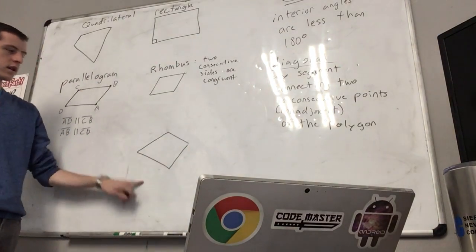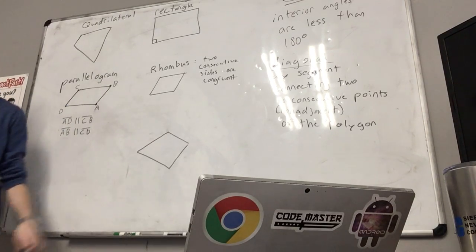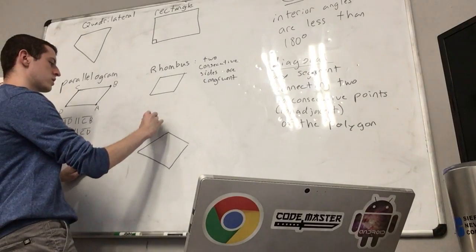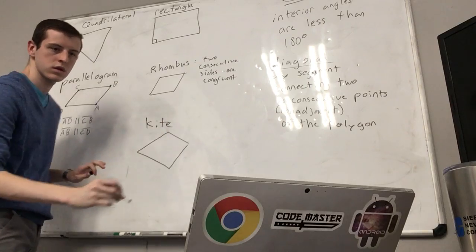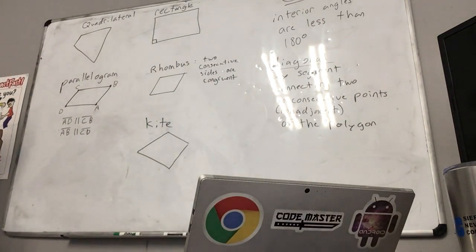So it has two sets of congruent sides, and it'll look like that. Are we good on the convex and diagonal? I'm going to erase them.